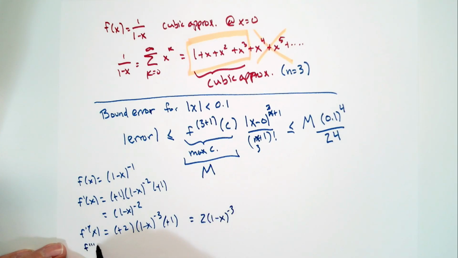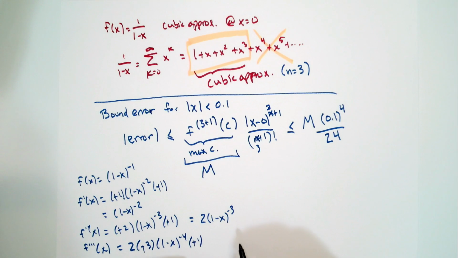Third derivative: the 2 is there, minus 3 comes down, 1 minus x to the minus 4, and multiplied by a minus 1 on the inside. The minuses cancel. All right, well that's some good news. And now, the fourth derivative, which is what we're after. By the time you hit the fourth derivative, almost always you switch notation. Instead of using primes, you say, look, I don't want to keep counting how many prime marks I make.